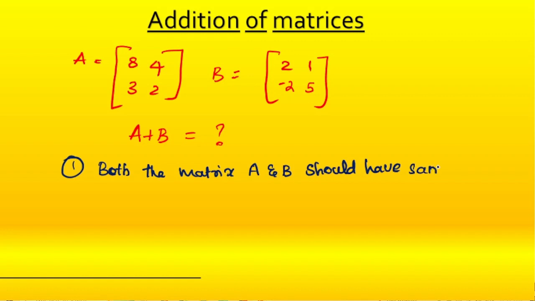That means the order of the matrices should be the same. This is a 2 by 2 matrix and this is also a 2 by 2 matrix, so the order of the matrices is the same.